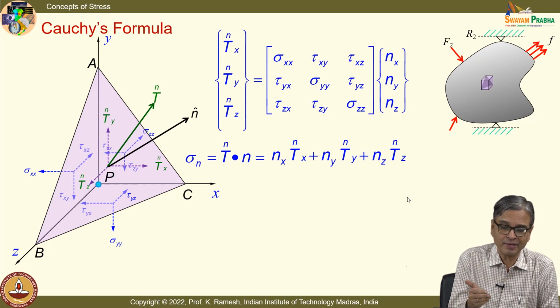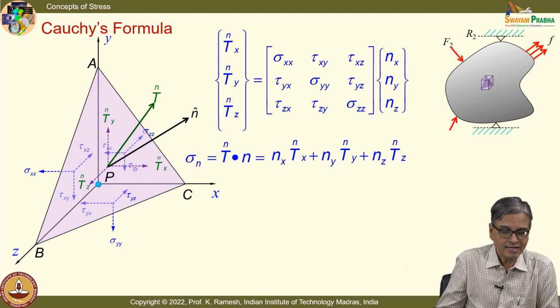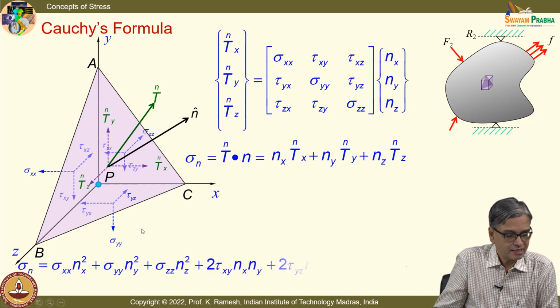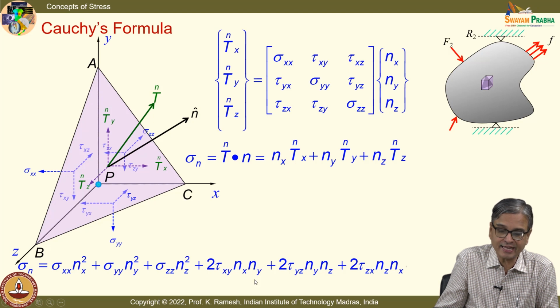So, when I multiply by this, I get a very nice expression. The normal stress is related to sigma xx nx squared plus sigma yy ny squared plus sigma zz nz squared plus 2 tau xy nx ny plus 2 tau yz ny nz plus 2 tau zx nz nx.